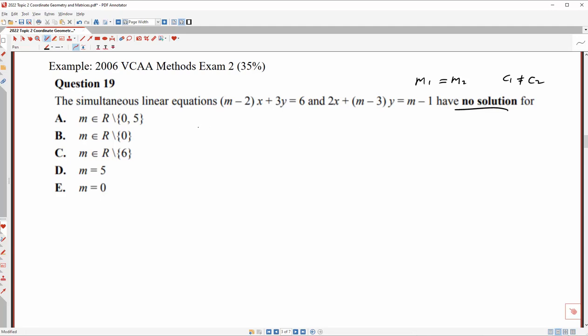So again, it's the same process for this problem. So we're going to go negative, m take 2, x plus 6, y equals negative, oh my god, I keep going to write a plus.